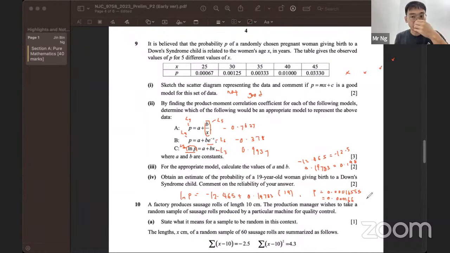Comment on the reliability of the extrapolation. Okay, not very reliable. Yeah, not fully reliable. Extrapolate, fully reliable, then out of range.